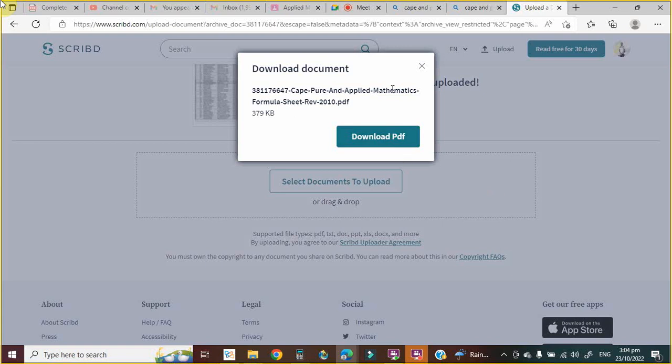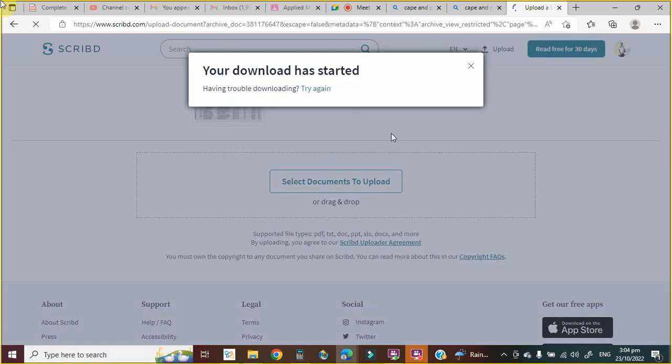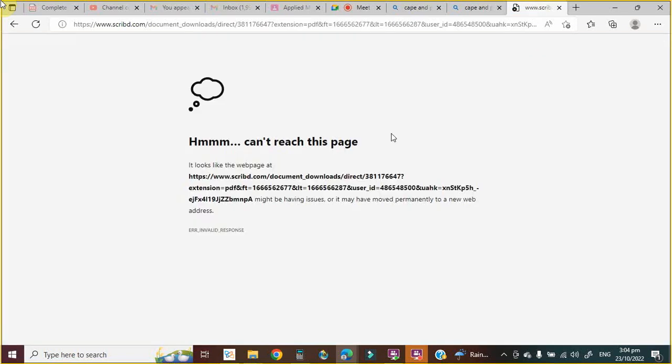So essentially, basically, you have to give to receive. That's all. Yeah, each time you have to give 5 documents. It doesn't matter the file size as long as it's 5 different documents.